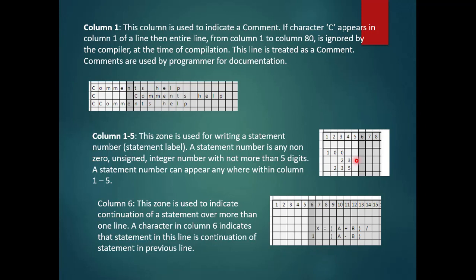So these statement numbers can be written in any one of the columns from 1 to 5, and it cannot be in decimal format, so 10.5 will not be there. It has to be an integer number.